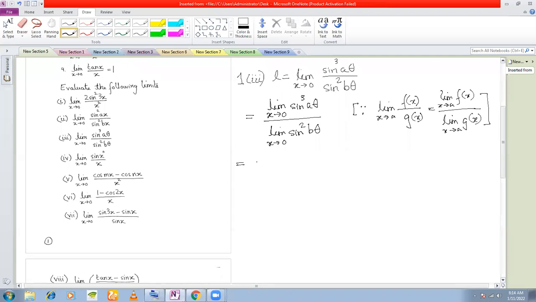Now what I'm going to do here is because you have a sine cube, I'm going to insert this limit within the power. So I get limit x tends to 0 sine a theta whole cube, and in the denominator I'm going to do the same thing. I'm going to insert the limit within the power.